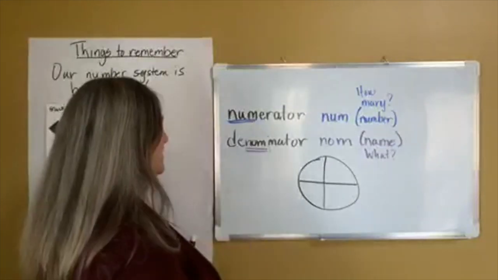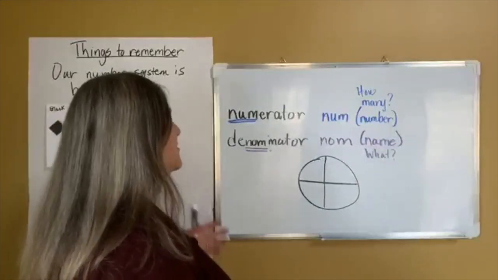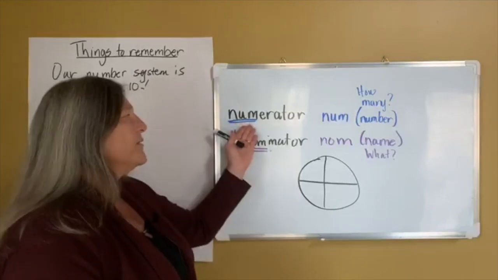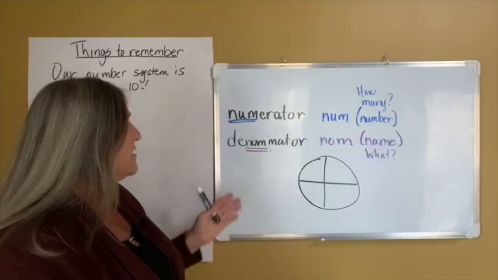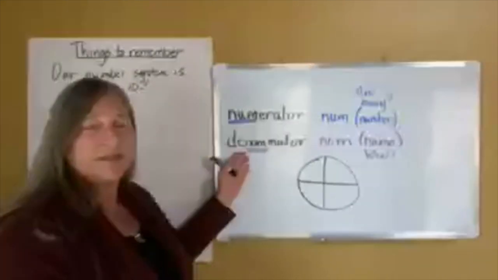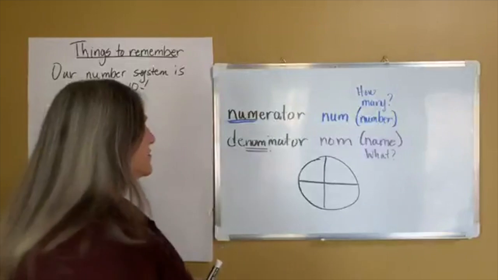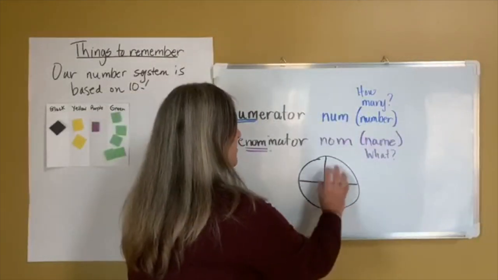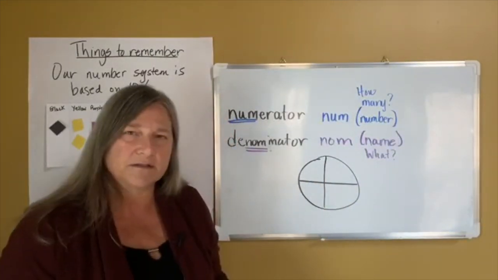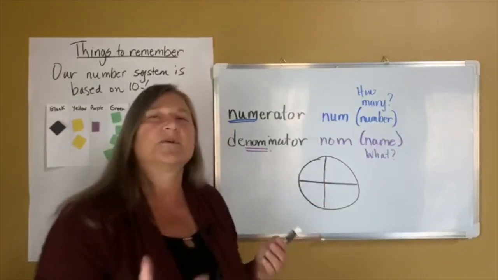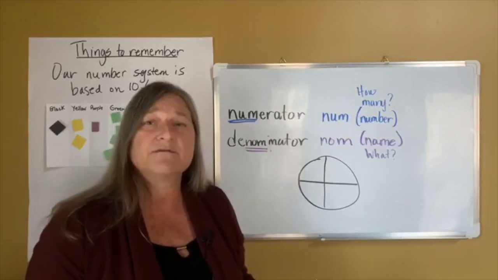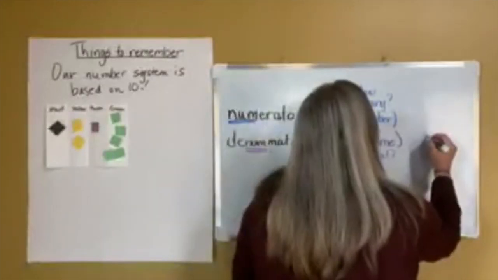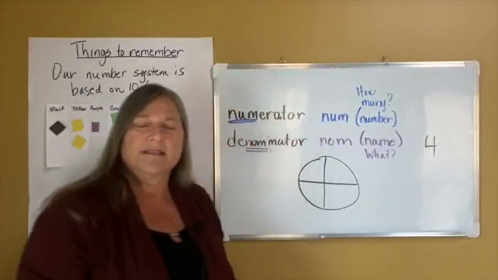I know people always jump to the numerator, the number, the how many first, but I'd like to talk a little bit about the nom, the name. What is it? This fraction is broken into how many different parts? This particular fraction is broken into 4 parts. So its name is 4. Now I know this isn't how you usually talk about fractions, but we could just say 4s. That's its name.